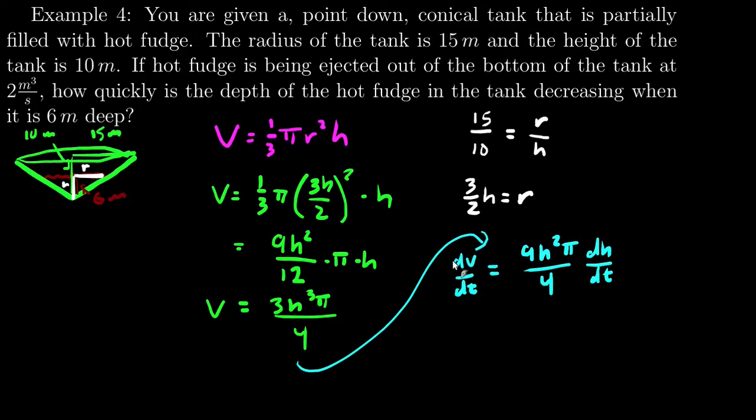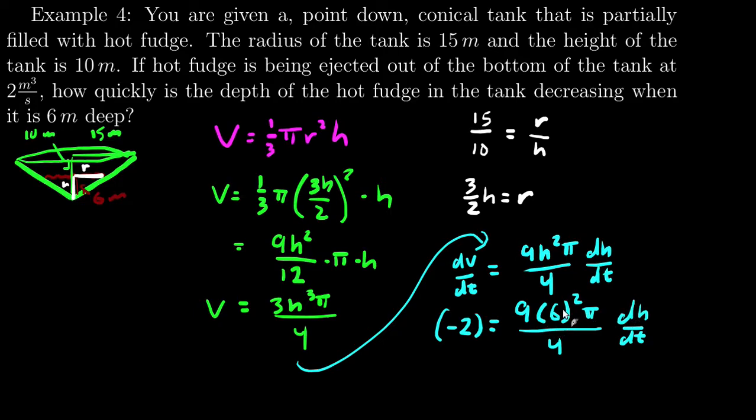So the change in the volume with respect to t, well, hot fudge is being ejected out of the bottom of this. So that means that this rate of change will be negative. So I have negative 2 equals 9. The current depth of the tank is 6. So I have 6 squared pi over 4 dh/dt, because I want to find the rate of change of the depth.